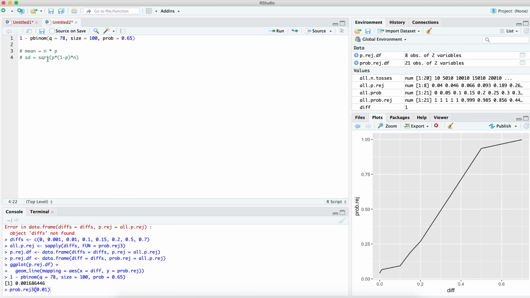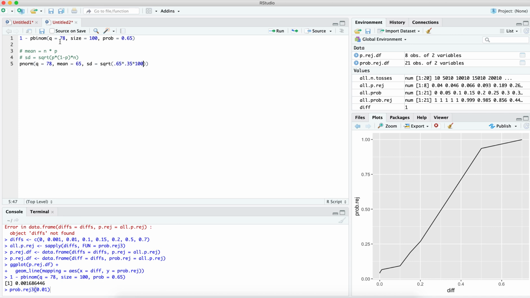So first let's compute pnorm with q equal to 78, and we'll discuss what's going on later. The mean is 0.65 times 100, so that's 65, and sd is the square root of 0.65 times (1 minus 0.65) times 100.